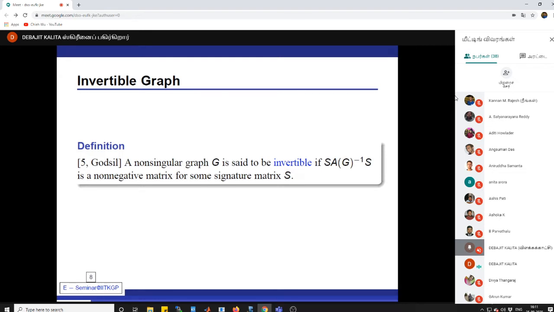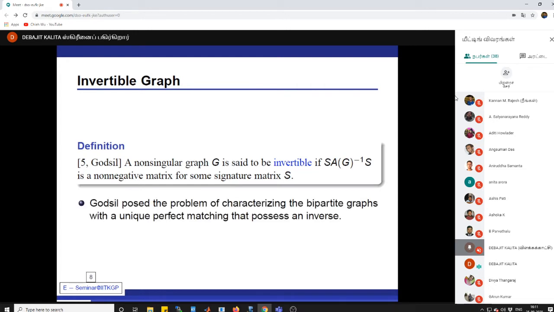Here S is a signature matrix. A signature matrix means a diagonal matrix with diagonal entries plus or minus 1. And he posed the problem of characterizing the inverses of bipartite graphs with a unique perfect matching.